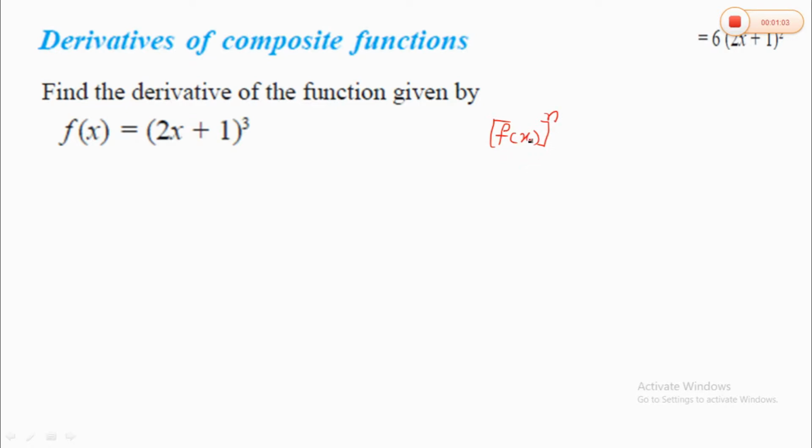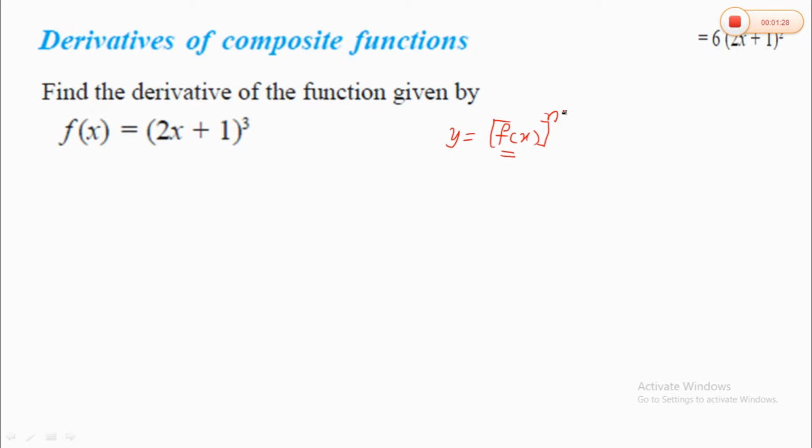First, it is of the form y = x^n, where f(x) is within this power. The derivative d/dx of x^n is n x^(n-1), and again we have to differentiate the function f(x).